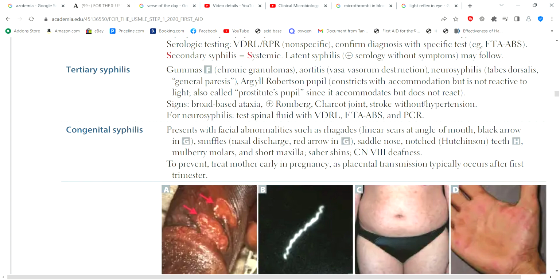Now, what happens here is that in tertiary syphilis, the pupil constricts with accommodation, which is adjusting.